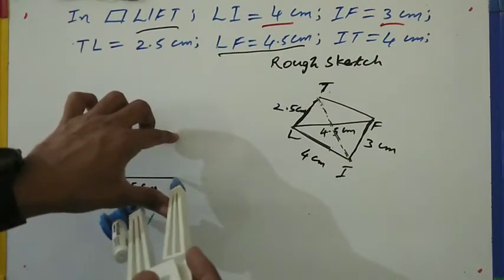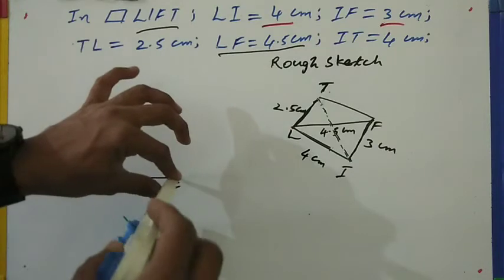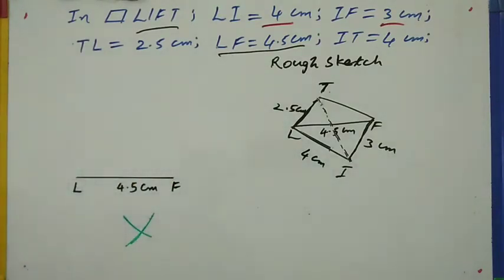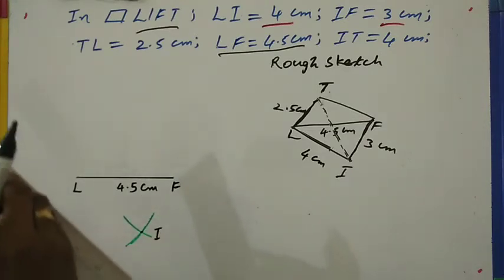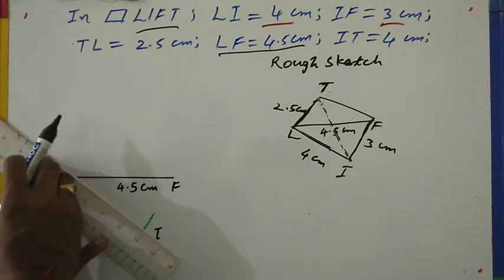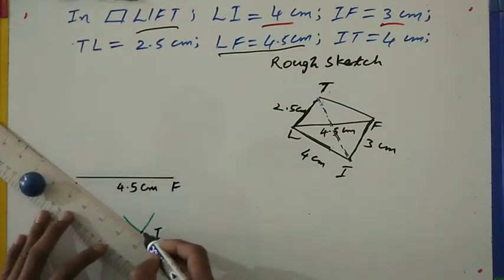I am taking F as the center and just cut the earlier arc. Now, this point of intersection of arcs is I. If I join this I to L and F, I got a triangle formed. This triangle LIF is one part of the quadrilateral.